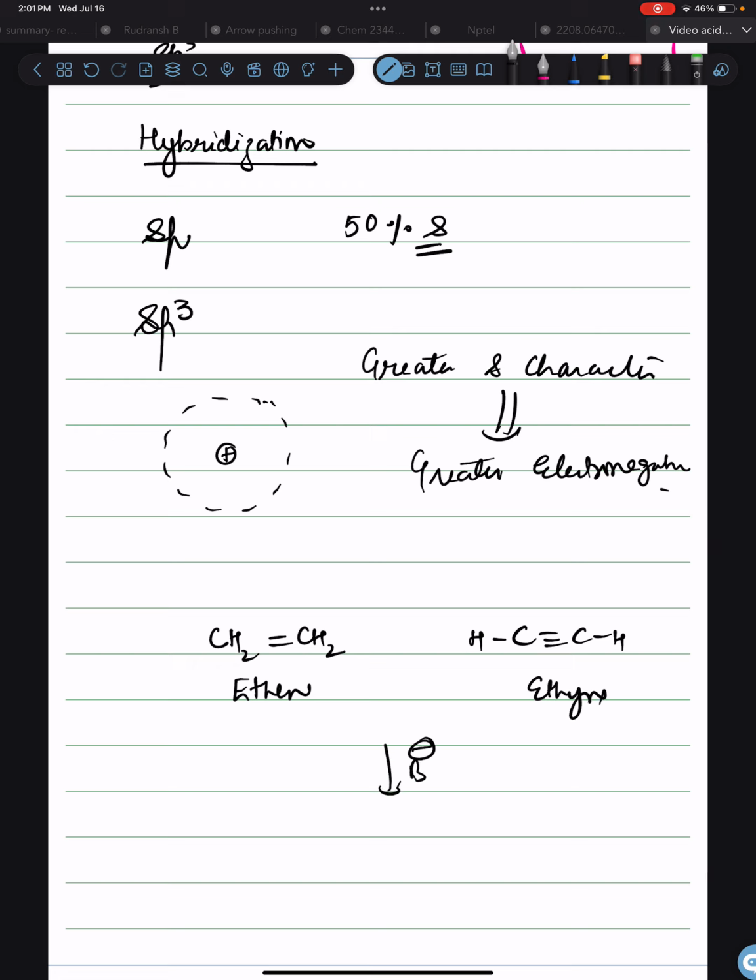Based on similar things, these are sp hybridized carbons, these are sp2 hybridized carbons. So sp hybridized carbon will have more electronegativity and can better accommodate the negative charge after losing the proton. So alkynes are more acidic as compared to alkenes, which in turn are more acidic as compared to alkanes.